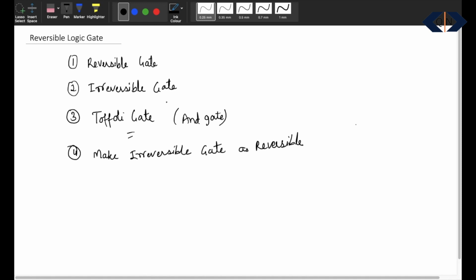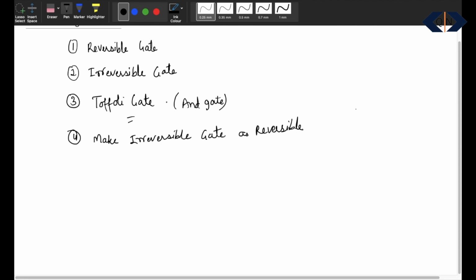So let's look further and start with reversible gate.